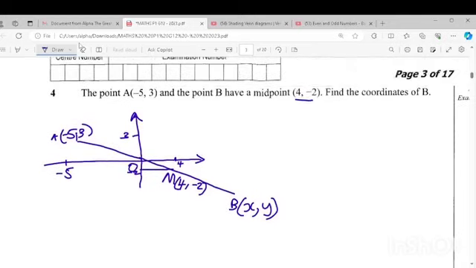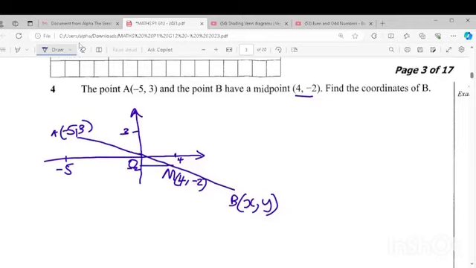How do we find the coordinates of B? We're going to use the formula for finding the midpoint of a line.